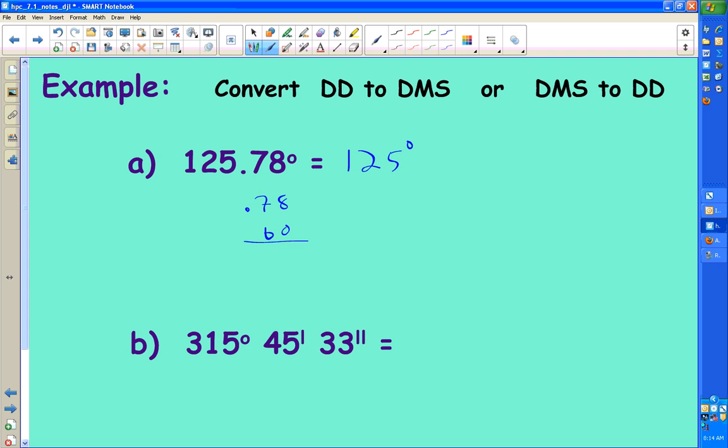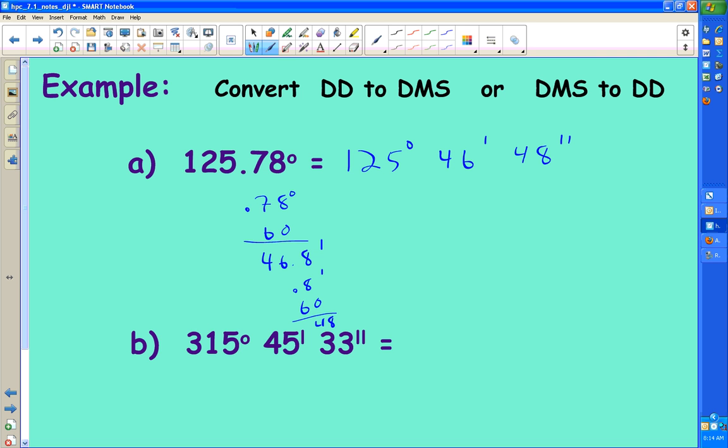And what do you get when you multiply by 60? 46.8 exactly. And that's what measurement? That's the minutes. So this will be 46 minutes. Take away the 46 and just look at the 0.8 minutes. Times that by 60, and how many seconds is that? 48 seconds.